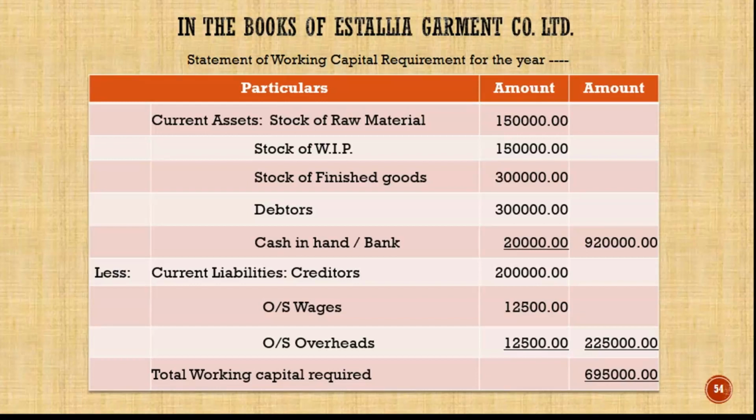And then by deducting current liabilities from current assets, we are able to compute the working capital requirement of Estella Garment, that is 6,95,000 for a given period of time.